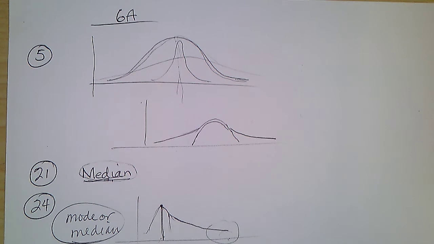Next one is 30. And 30 says the number of people whose street addresses end in 0, 1, 2, 3, 4, 5, 6, 7, 8, 9. Well, they're going to be equally likely to end in each of the numbers, so the distribution would be pretty much level.